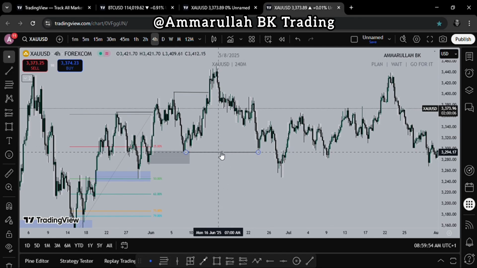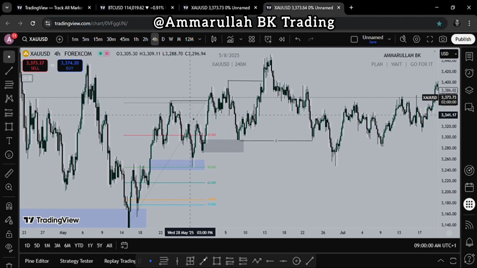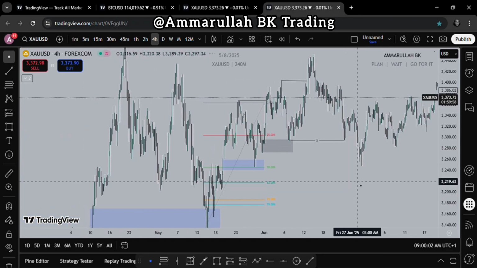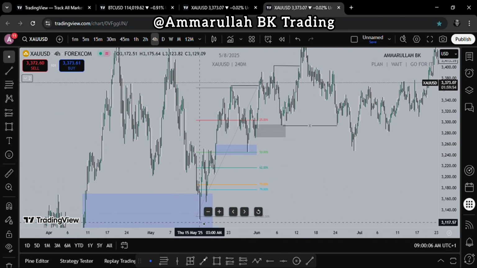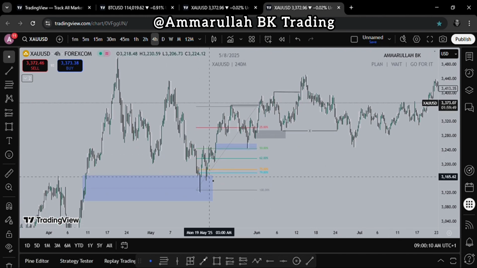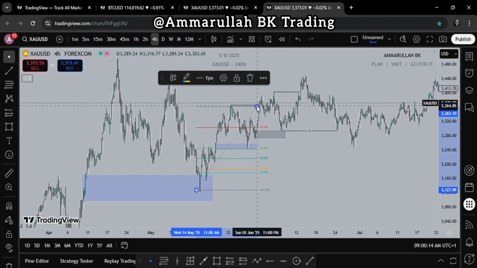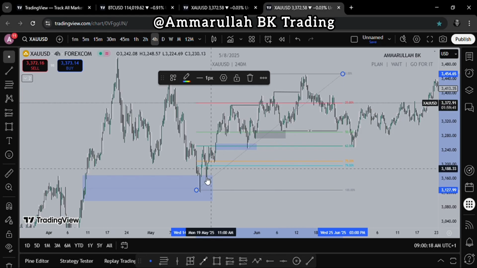Then the price came down and swept it down to offer more discount to the price level from this place. Just remember, we are starting the analysis, the confirmation from this level, right? And we still have our Fibonacci retracement to offer a discount to the marketplace. Now this is our new high. From this low to this high, this is our new high.